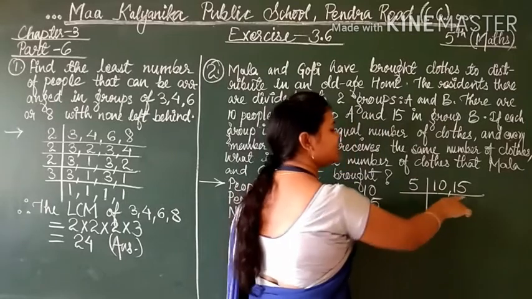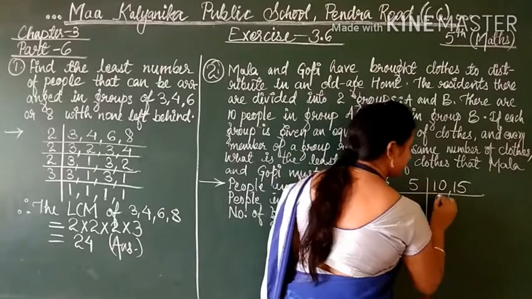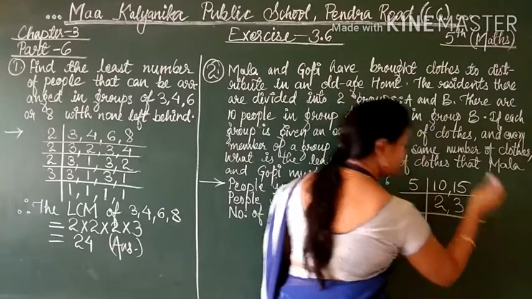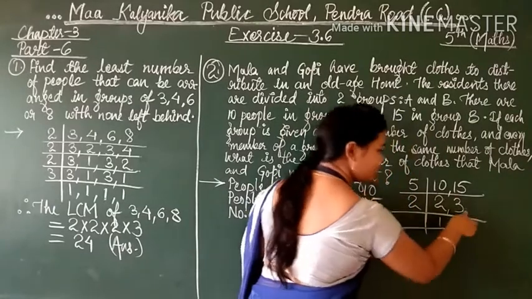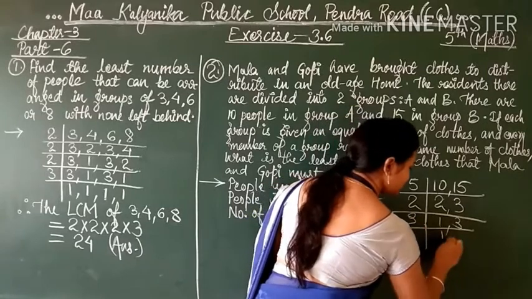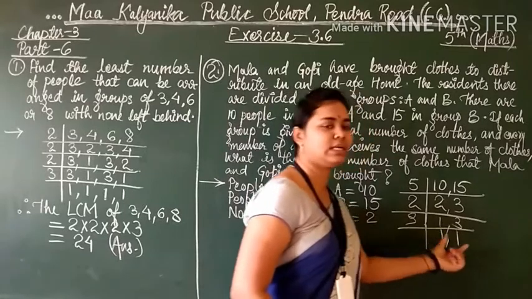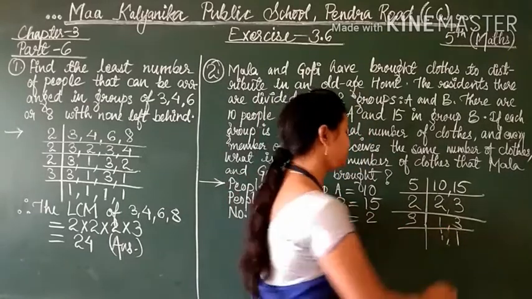And by 3, 15 can be but 10 cannot be. So the common factor is 5. So 5 2s are 10 and 5 3s are 15. Now divided by 2, 3 cannot be divided, so 3 will be as it is. Now 3 1s are 3. Till you receive 1 here, you have to continue your division.